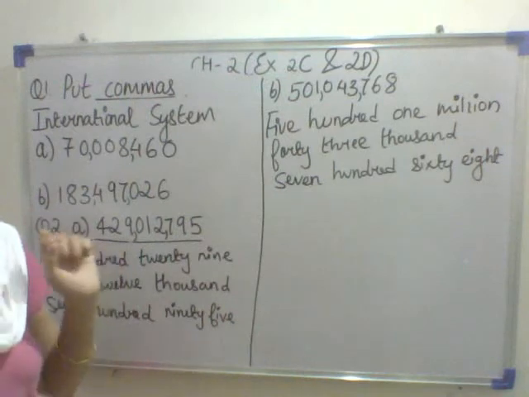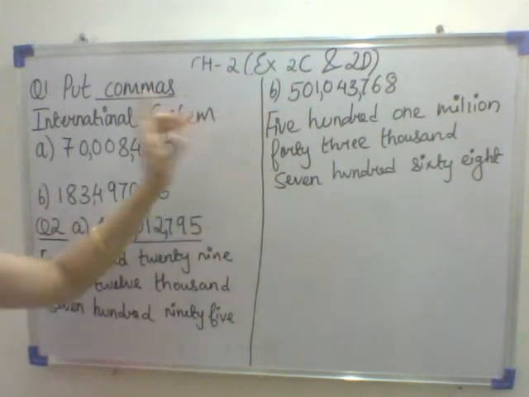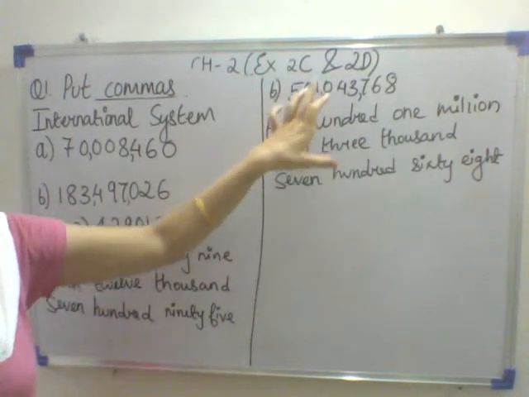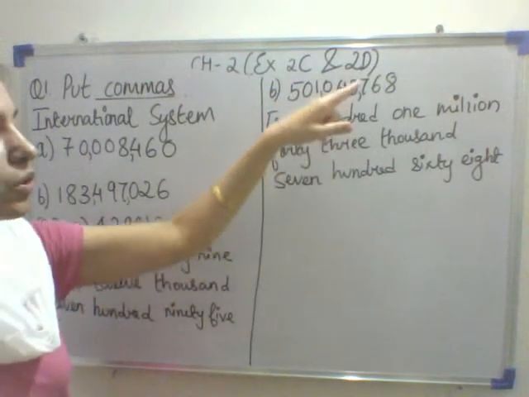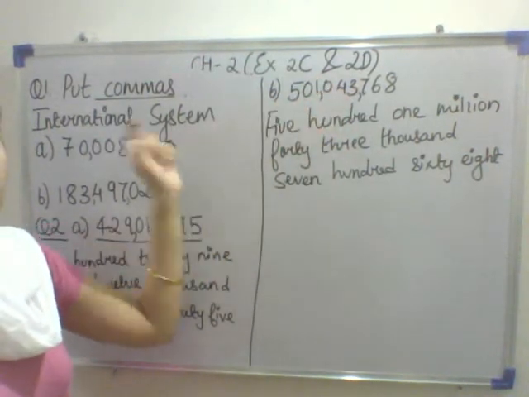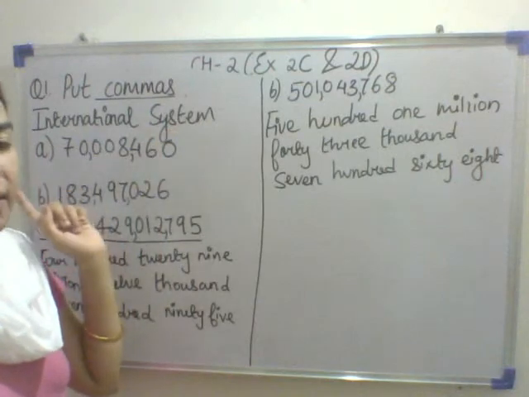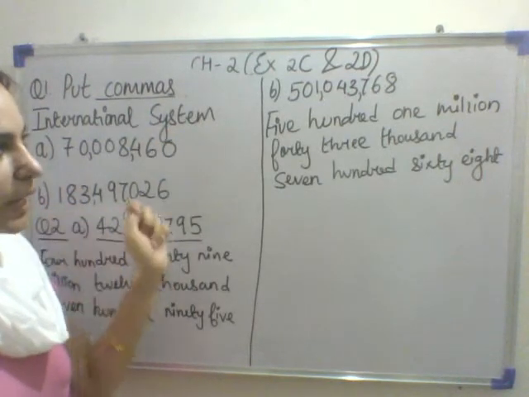Students, if you are unable to write directly in the international system, if you are facing difficulty, you can also draw the place value chart of the international system that I discussed in the previous video. From that you can easily write.